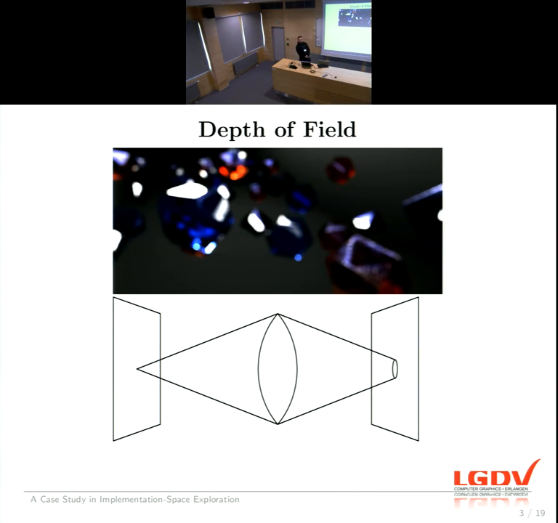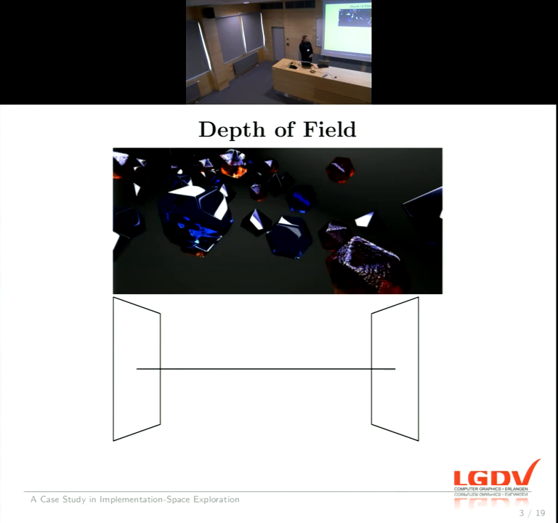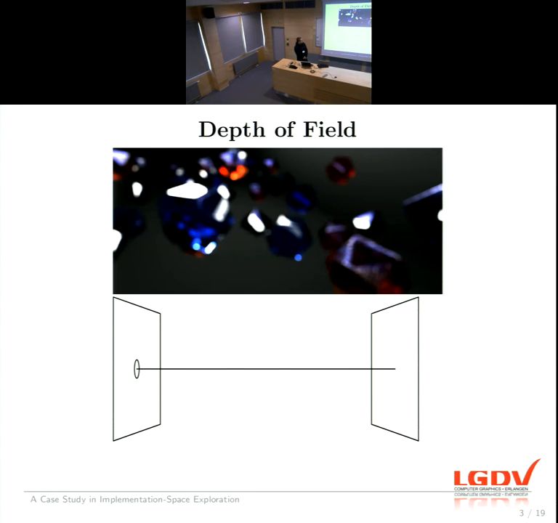But when we generate images artificially, we don't have that kind of optical system. But we also want to introduce some sort of effect. So we might add the same effect by blurring the pixels or mixing them with the neighborhood pixels, depending on the distance of the captured point.